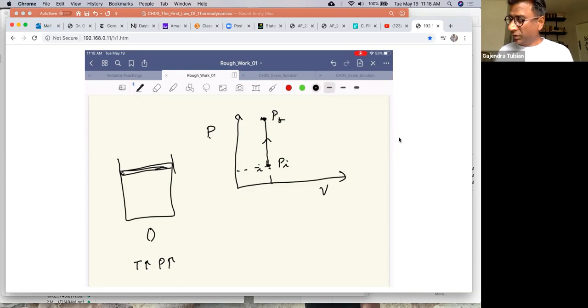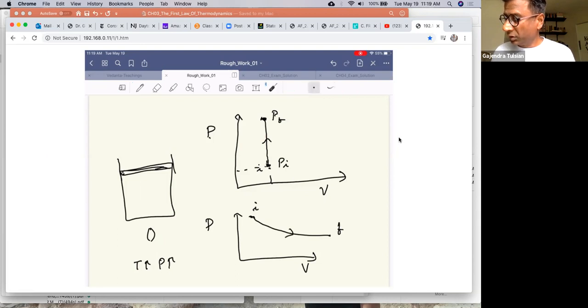There are all kinds of processes using an ideal gas that you can represent on a PV diagram. Let's say here's another process, and you went from this initial point to that final point.